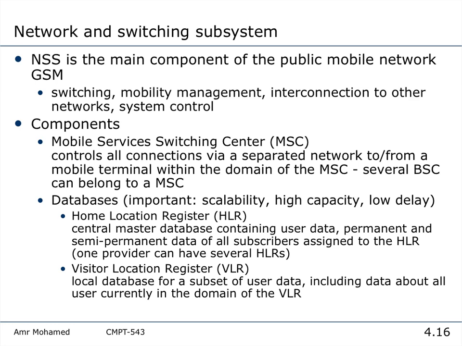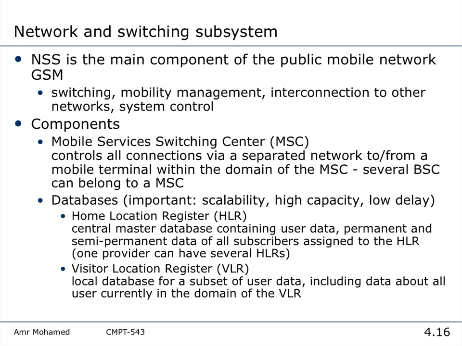The location area changes if the mobile station moves from one city to another. So I need to store the new location area for that mobile station also in the home location register, right? So it's a centralized database that hosts the permanent and semi-permanent information for all the mobile stations in the network. Okay.